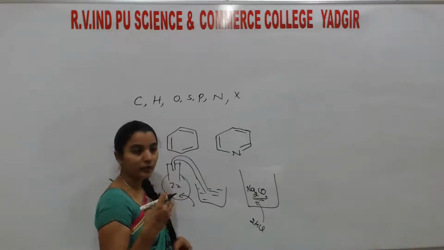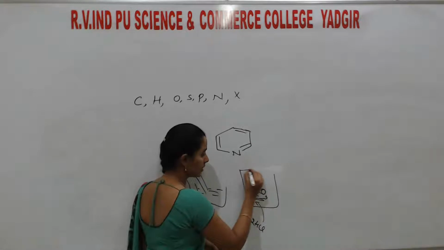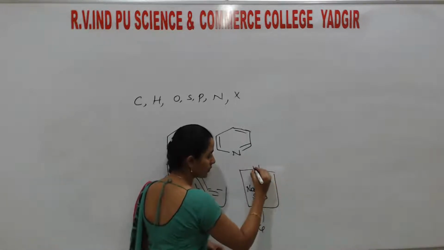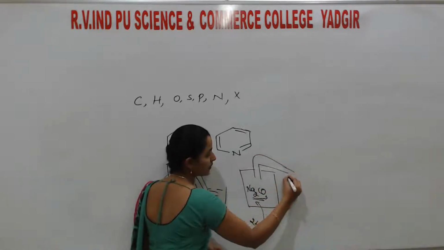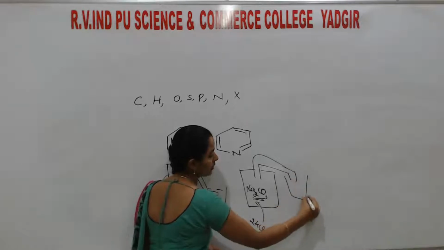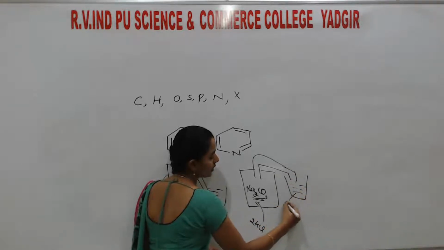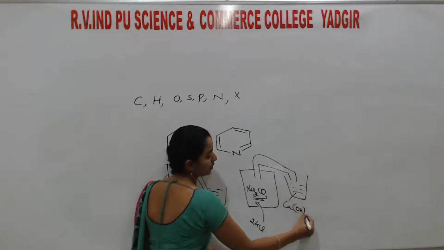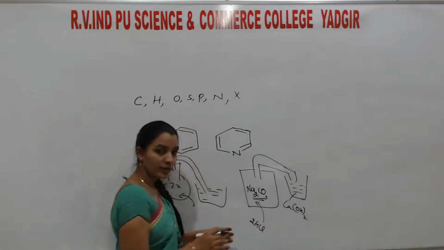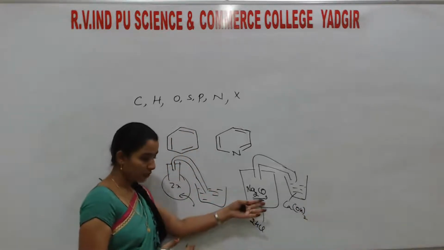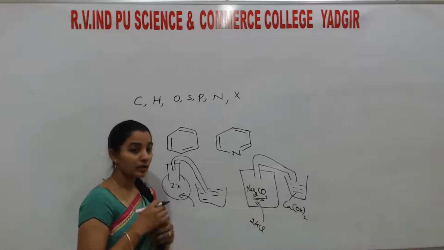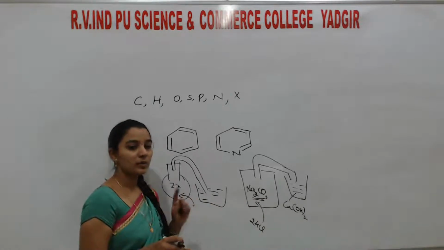We have to confirm the evolution of CO2. What will we do? We will insert a tube where CO2 is formed into another test tube. The test tube contains lime water. If the lime water turns milky, then CO2 is confirmed. If lime water doesn't turn milky, then CO2 is absent.